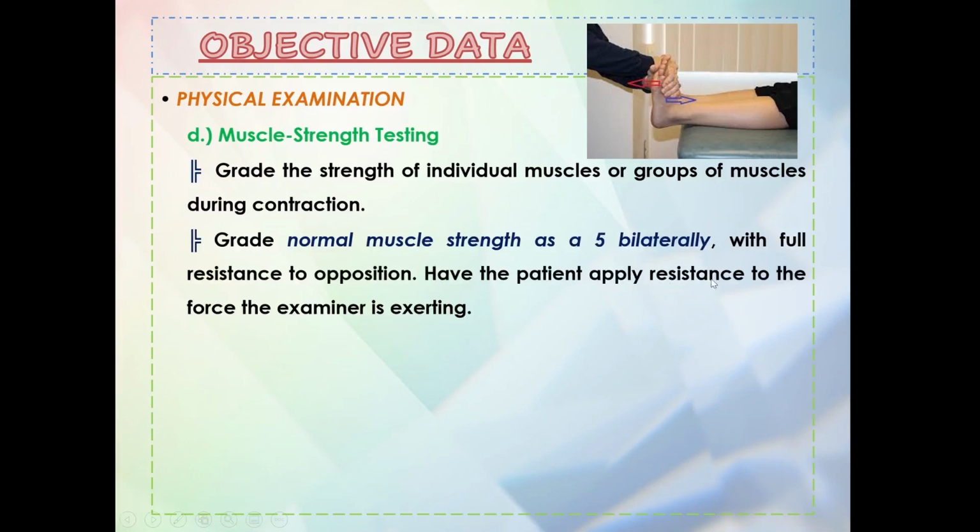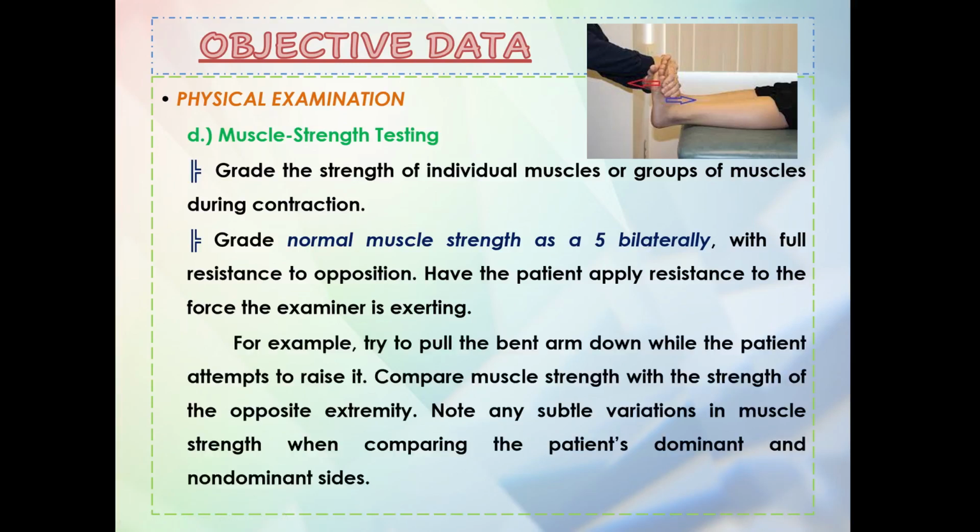So, kapag with full resistance to opposition, 5 yung binibigay natin. Bilateral, ibig sabihin both parts. Ibig sabihin both hands or yung kanyang feet. Okay? So, that's bilateral. So, have the patient apply resistance to the force the examiner is exerting.